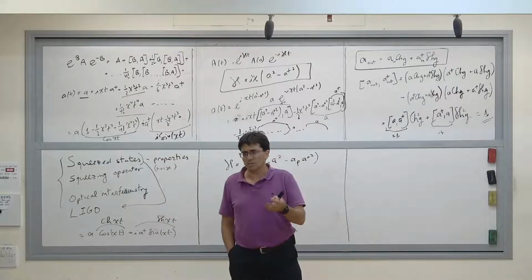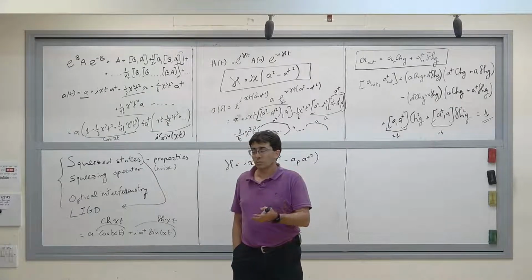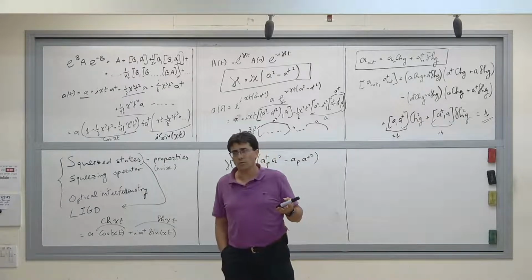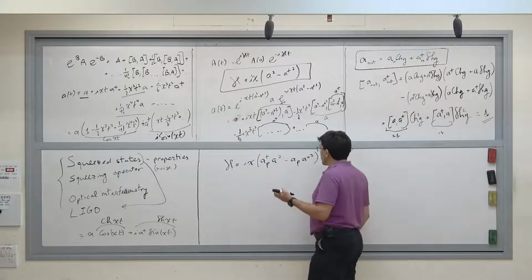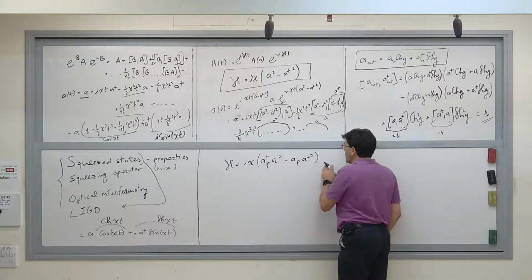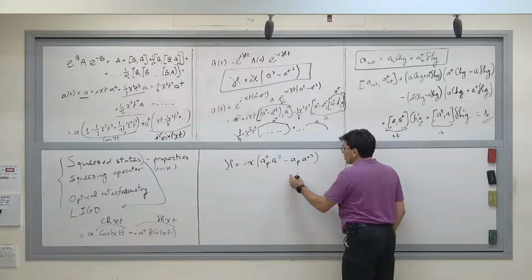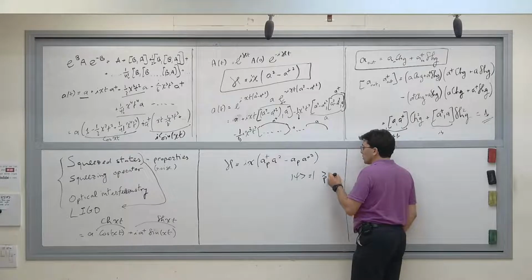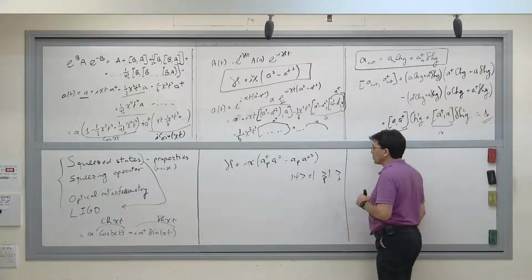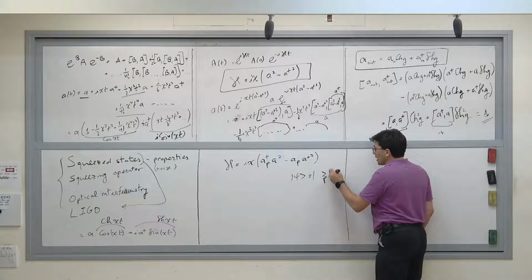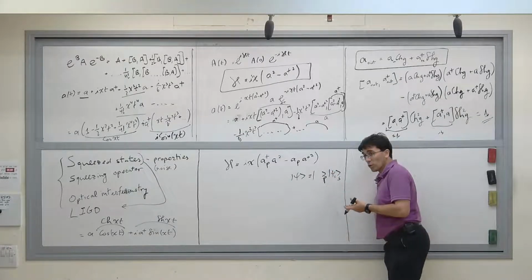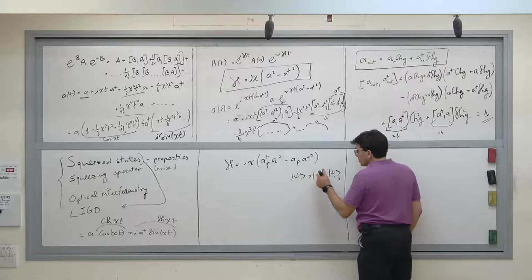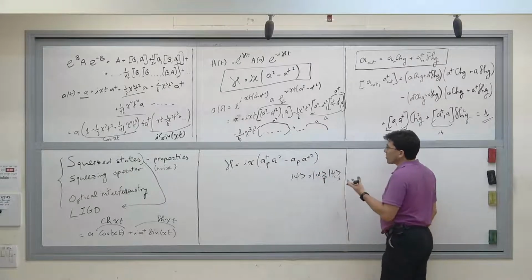So the pump is a laser, a strong laser with a coherent state, probably a coherent state of a very large number of photons. So if I talk about the state which contains something on the pump mode and something on the signal mode, this something is some state, psi s. I don't know what it is. But the pump has a very large alpha.